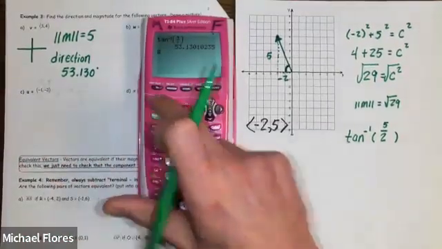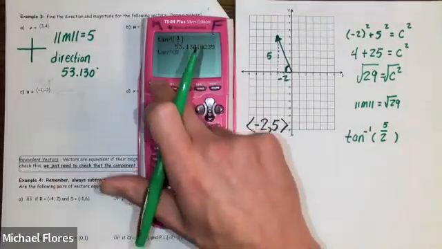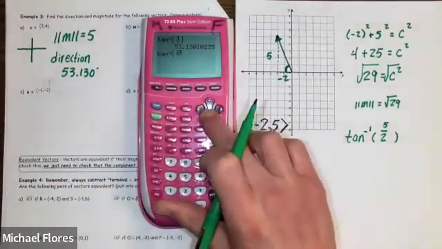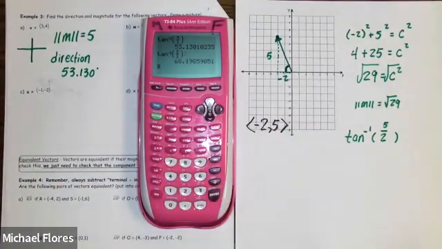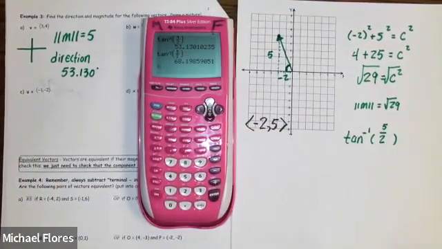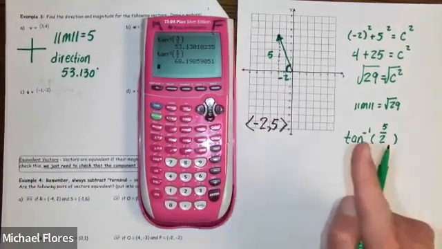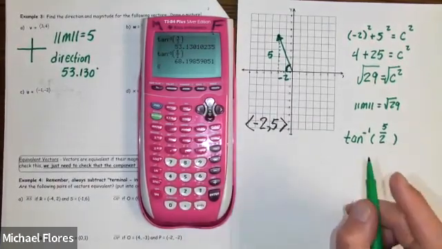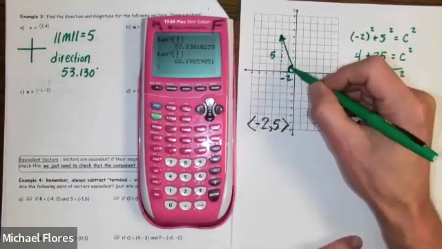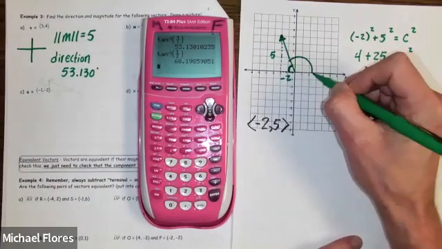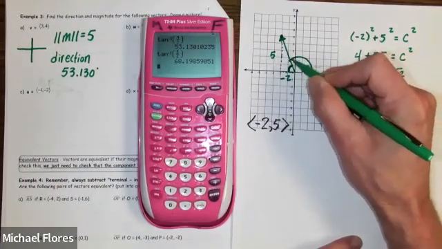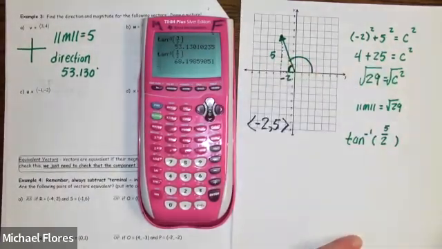Okay, so let's go figure out what this is. Second tangent. Okay, we get 68.199. Now remember, y'all, we have to find the direction from where angle theta is in relation to the positive x-axis. So this is actually the rotation we need. This is the direction. Our answer is not 68.199.